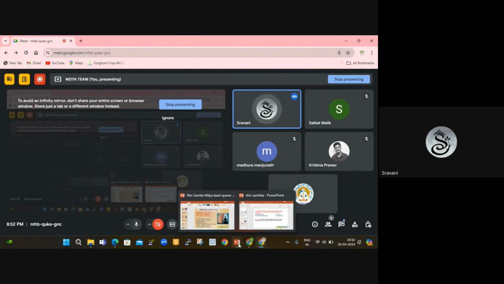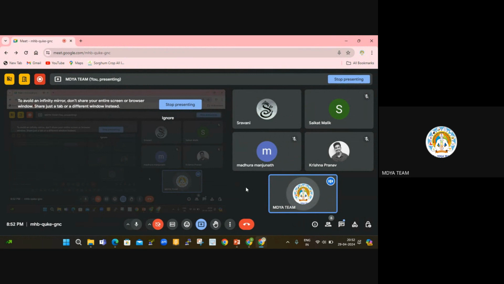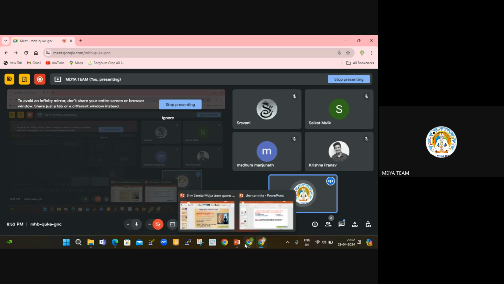Mitahara is not directly named, but they are telling about a moderate diet. So when it talks about the moderate diet, we must think that is mitahara. But they do not mention yagya. You have to differentiate like this: what is mentioned and what is not mentioned.